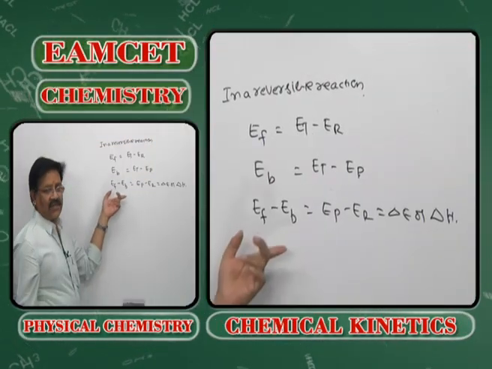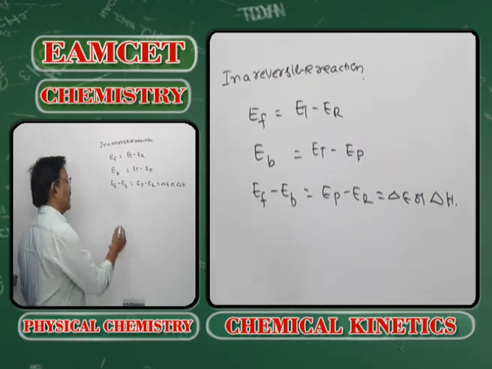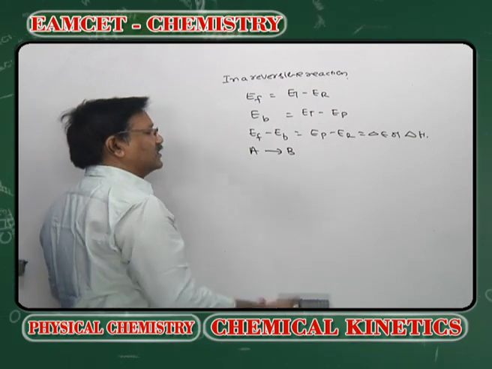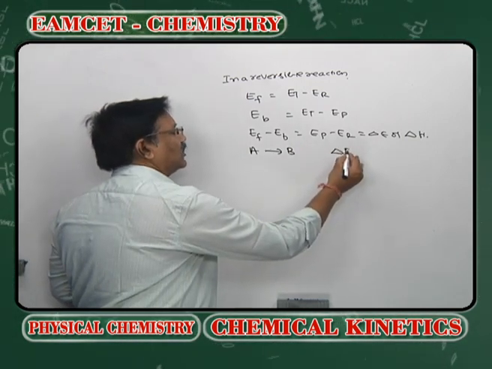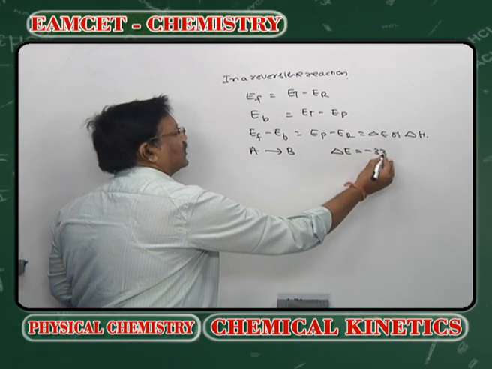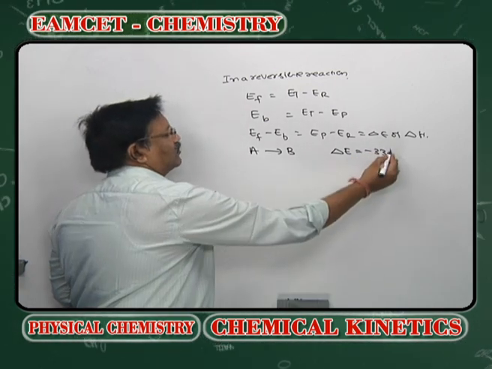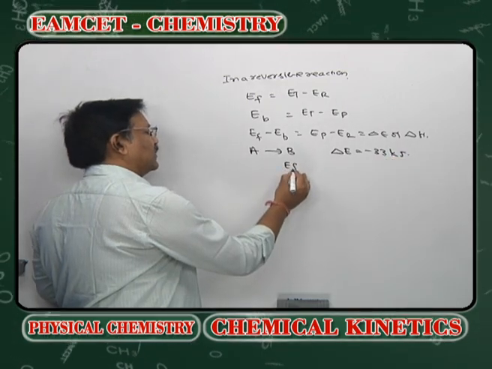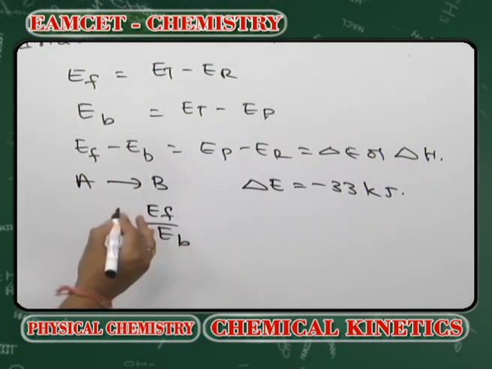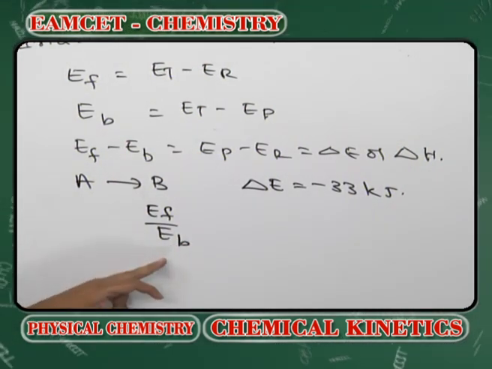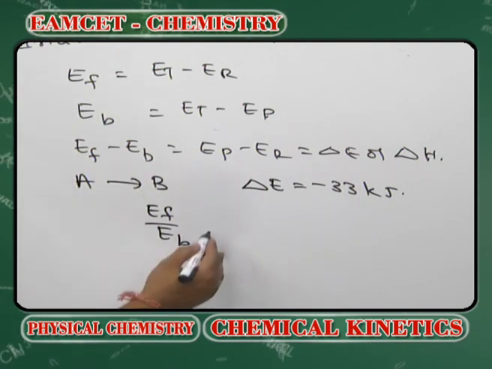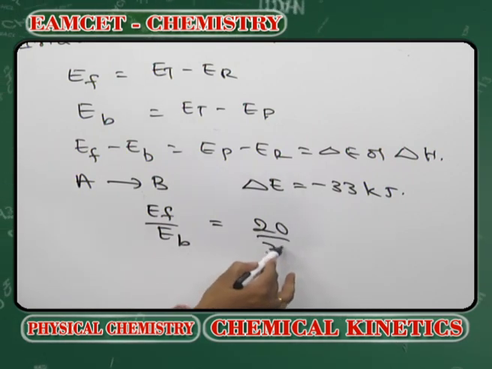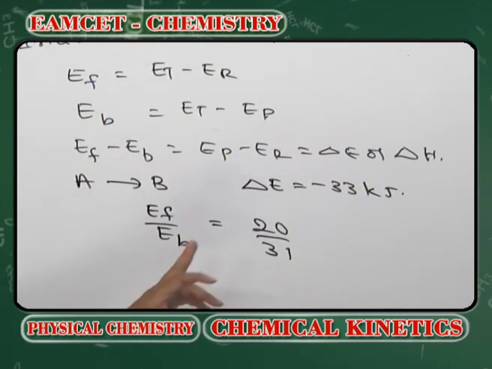We'll do a small question on this concept. A gives rise to B. In this, the delta E value is given as minus 33 kilojoules. The ratio of the activation energy of the forward reaction to the activation energy of the backward reaction, EF by EB, is equal to 20 by 31.